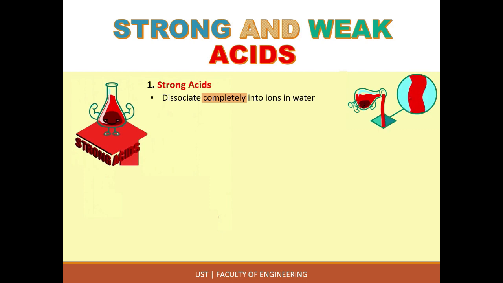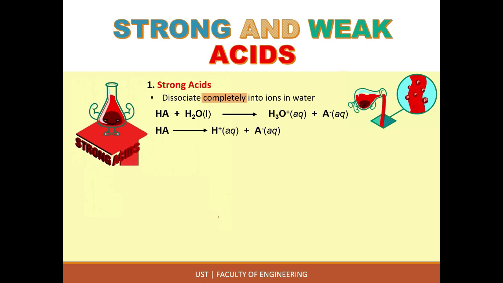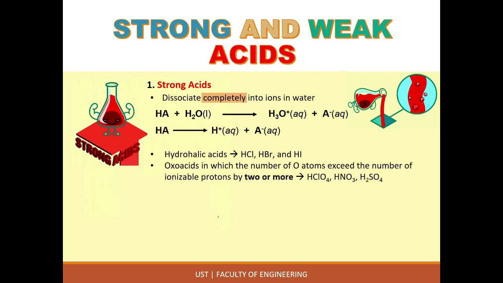Generally, the process could be represented as HA plus H2O yielding hydronium ion and the anion A-, or simply HA dissociating to H+ and A-. Most common strong acids include hydrohalic acids, which are acids of halogens, and oxoacids in which the number of O atoms exceeds the number of hydrogen by 2 or more.